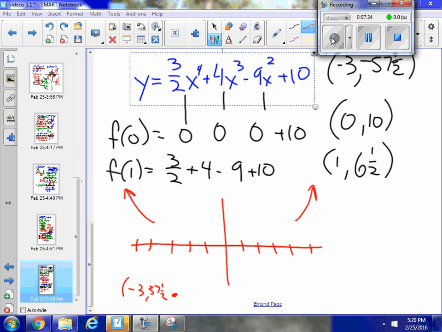It's obviously much lower than that, but I think it'll serve our purpose. I have one at 0, 10, and I have another at 1, 6 and 1/2. Those are the only possible places that I can have a relative maximum or a relative minimum.